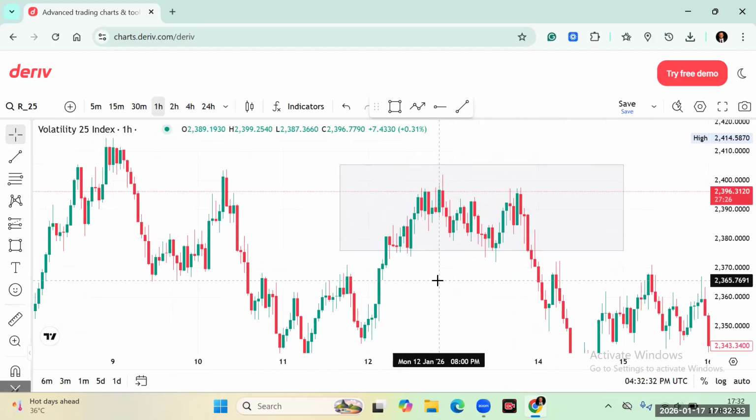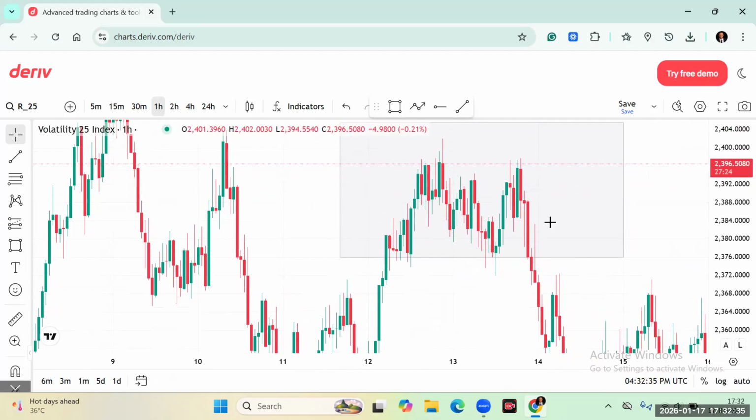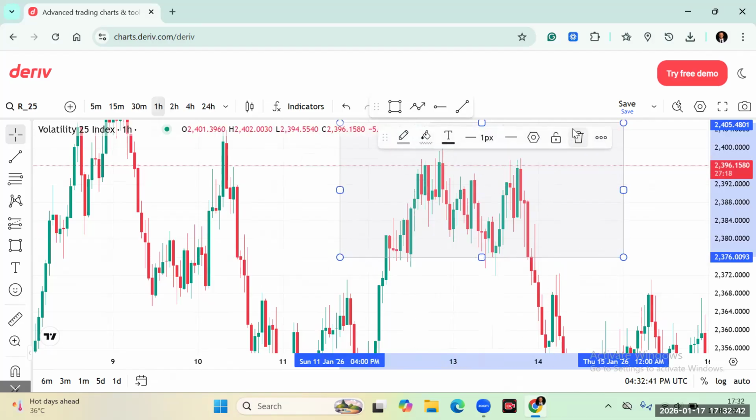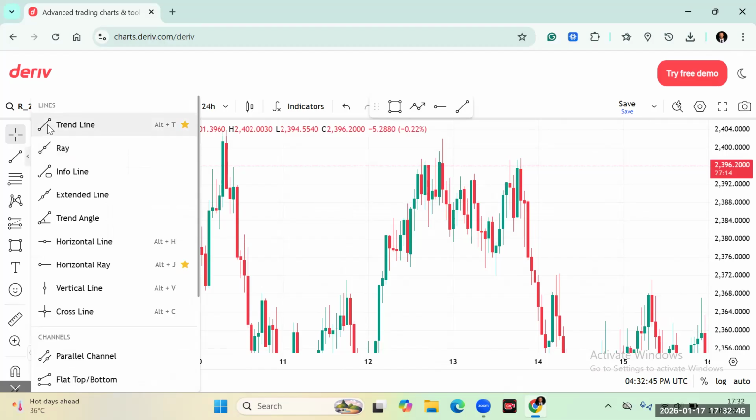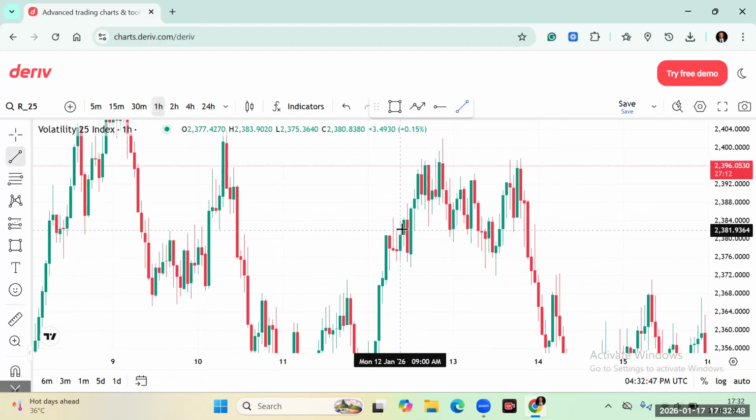So before it sold, this was what it did. It came here, did a sweep, and broke this low. After doing a sweep, it broke this low and did SBR here.